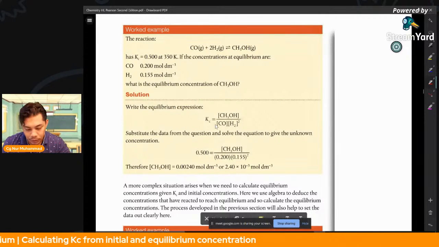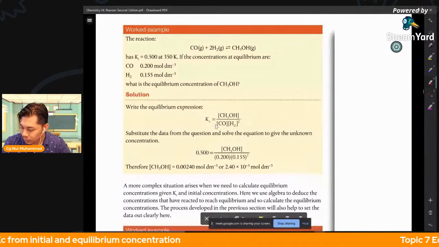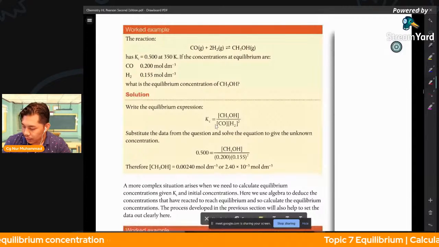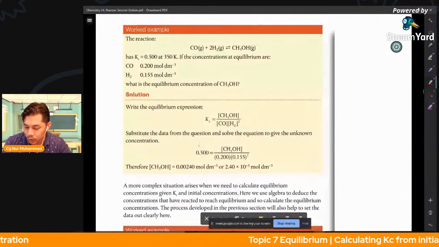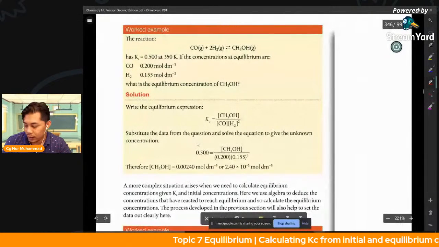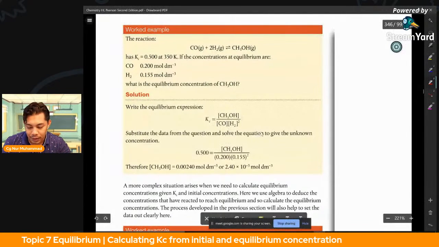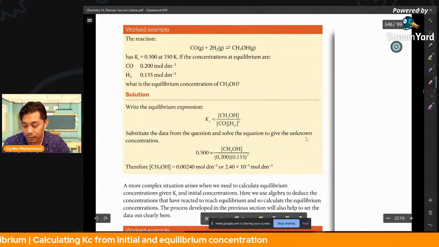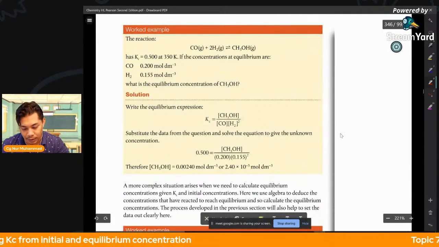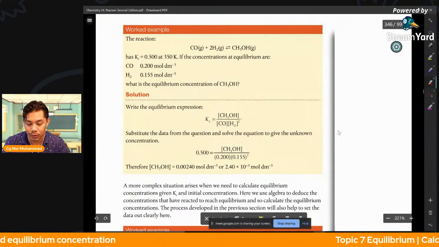Okay kelas, so saya nak kamu semua buat question 1 and question 2. Buat question 1 dahulu, so kejap lagi kita akan discuss how to solve the question. Boleh semua?